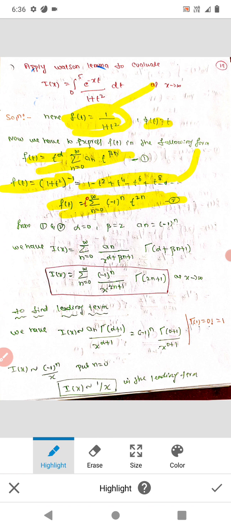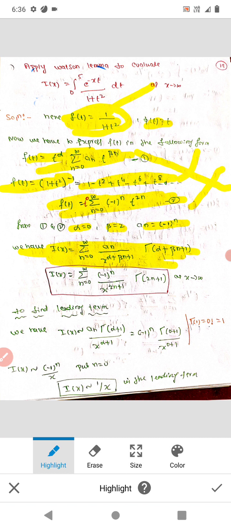So this is equation number 2. From equation 1 and equation 2, alpha is equal to 0 and beta is equal to 2 and a n is equal to minus 1 to the power n. And by Watson lemma, this is the formula.